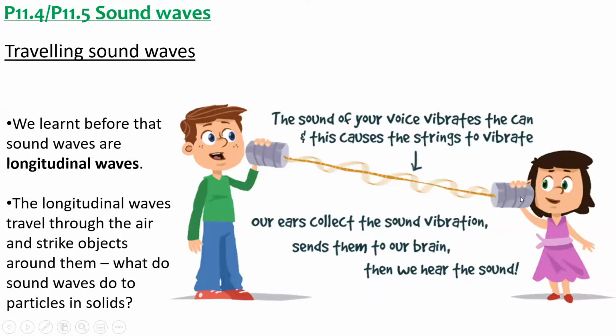If you talk into one end, the string vibrates and the person can hear you at the other end. The sound of your voice vibrates the can, which causes the string to vibrate, and our ears collect the sound vibrations, sending them to our brain so we can hear.